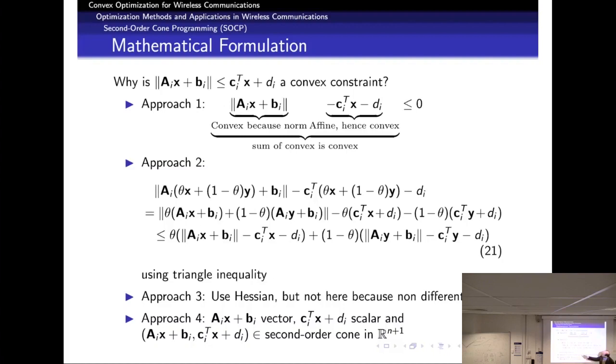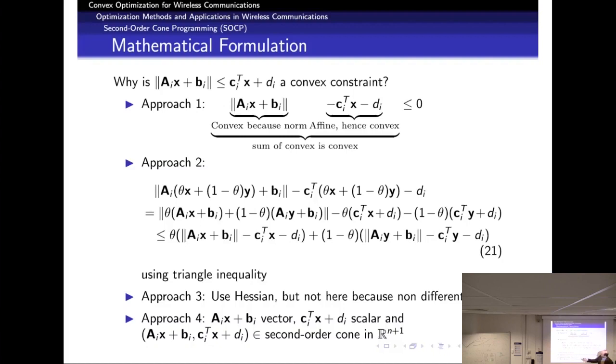Now I'm distributing. How can I distribute? I take this term, a multiplied by x plus b here, and this term, a multiplied by y plus b there. So I break this relationship into two parts. I do the same here: I have c multiplied by x here, and y multiplied by c there.